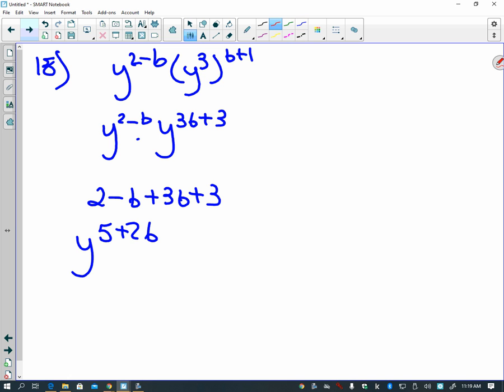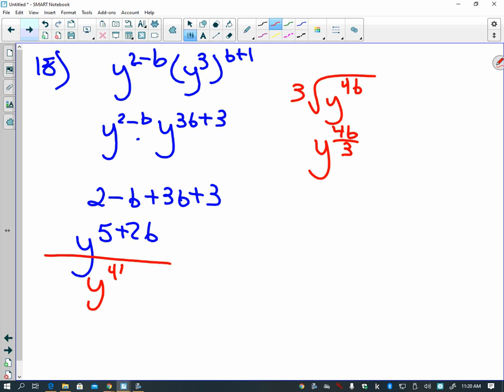Now we come down to our denominator, which is the cube root of y to the 4b. Hopefully we remember how to pull things out of radicals: we take the exponent and divide it by the root. So that simplifies to y to the 4b divided by 3.